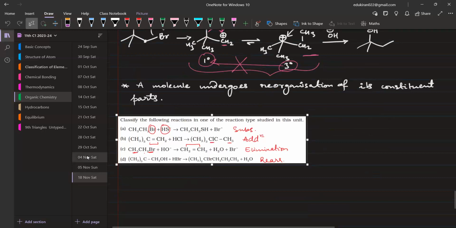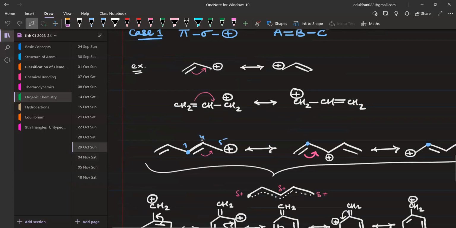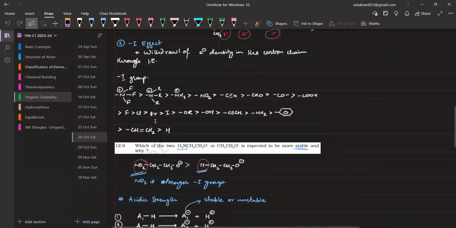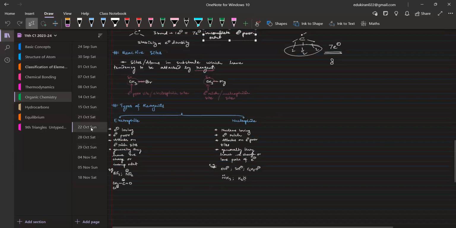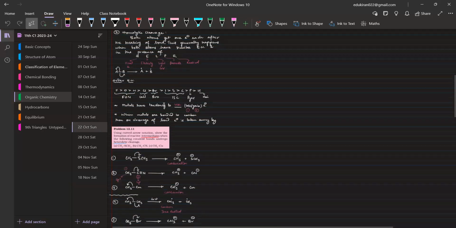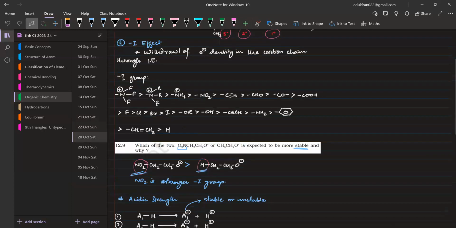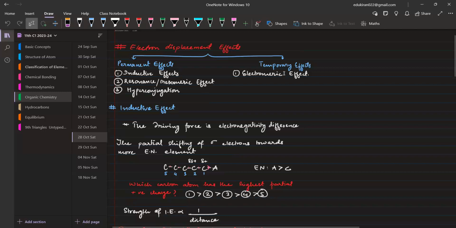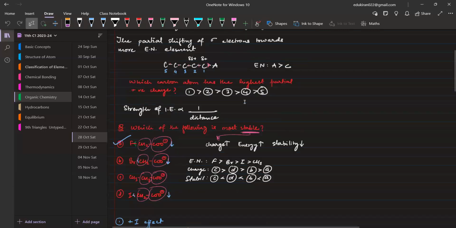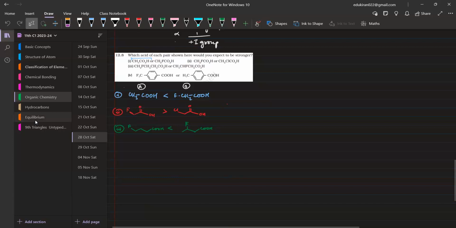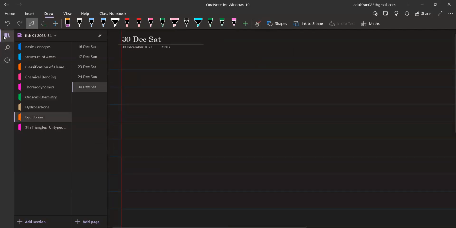Maybe कहीं हमने homework में बोला हो. Minus I, so the reactive intermediates, and after that we have it. So we have just written it, and maybe I told in this class the electromagnetic effect आप लोग खुद से देख लीजिएगा. Yes. But if you want to understand what it is, then I can explain it right now.